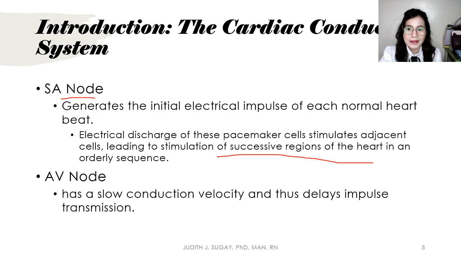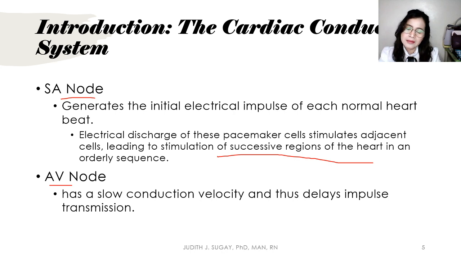On the other hand, impulses are transmitted through the atria to the atrioventricular node, or the AV node. This is via the preferentially conducting internodal tracts and unspecialized atrial myocytes.